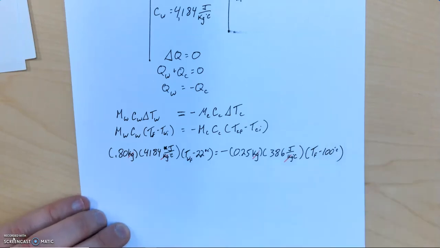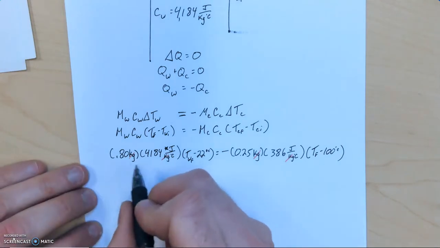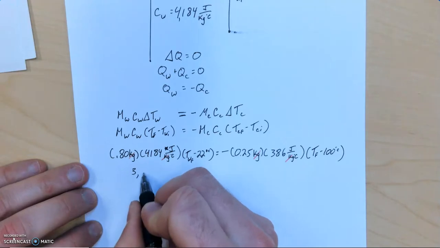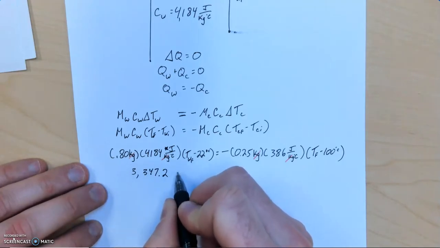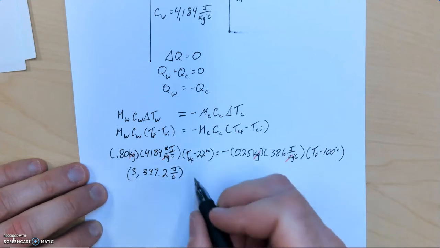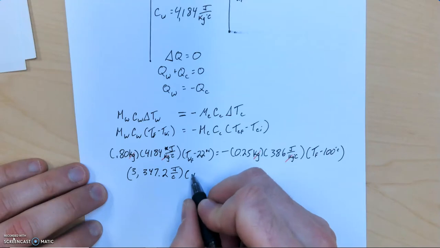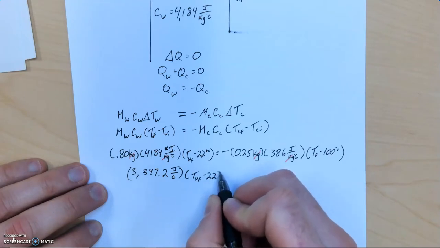And let's start doing some multiplication. We're going to multiply these together and we're going to get 347.2, that's going to be joules over C. And we still have the final temperature of the water minus 22.